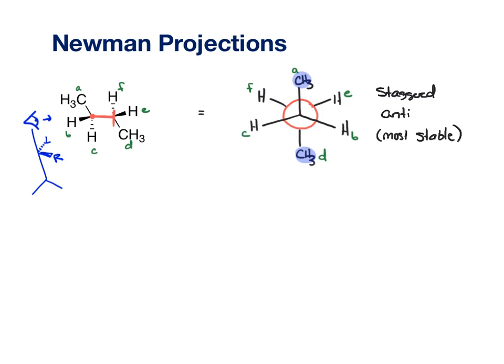Now, another conformation we could have that is still staggered is, let's say we rotate the front carbon so that I'm going to put the methyl here, this hydrogen here, this hydrogen here. So we're rotating that front carbon around.